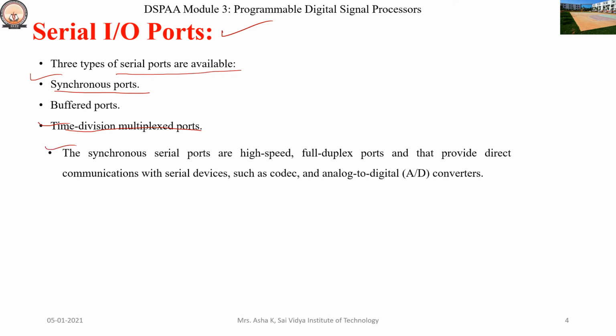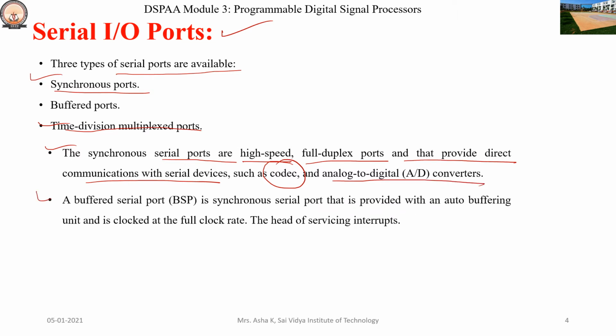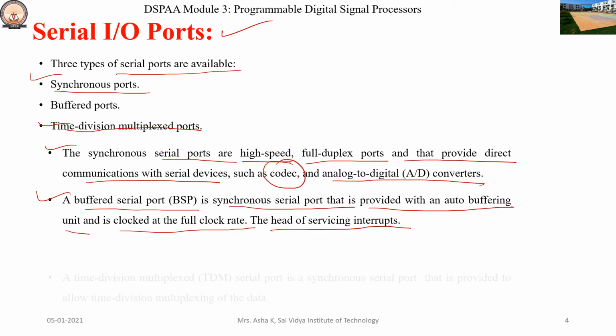The synchronous serial ports are high speed full duplex ports that provide direct communication with serial devices such as coder and decoder and analog to digital converter. The second, the buffered serial port, is a synchronous serial port provided with an auto buffering unit and is clocked at the full clock rate. The overhead of servicing the interrupts is reduced by this buffered serial port.